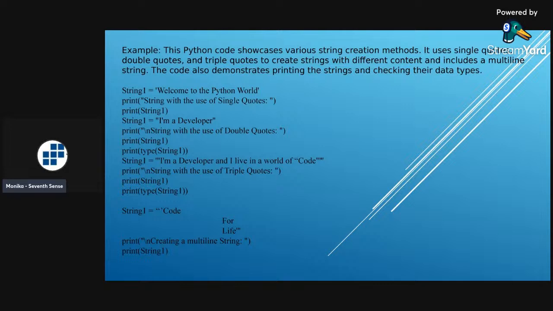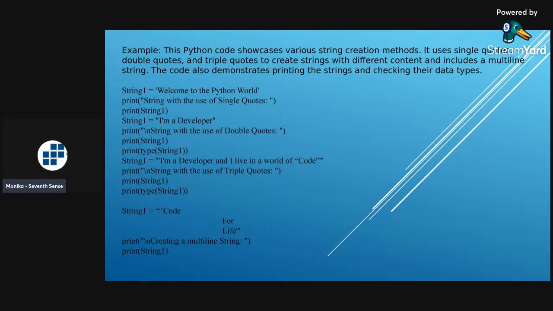Here string1 is the variable and we are giving a value, that is, "Welcome to the Python world", within the single quotes. And the same statement we are printing out with the use of single quote. So what will be our output? Welcome to the Python program.